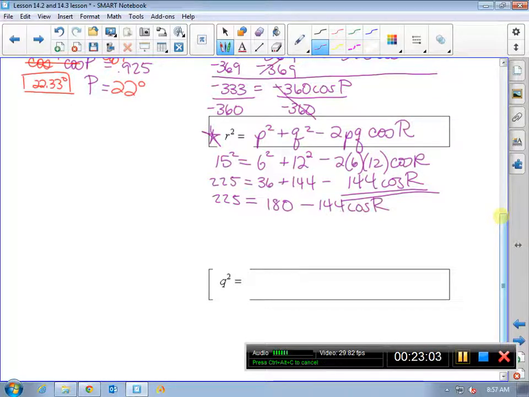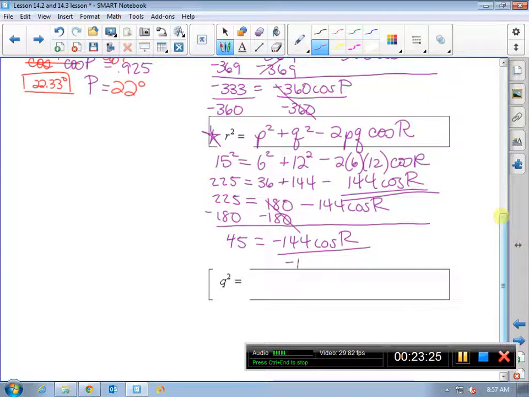Don't mess with that term. Bring the 180 over. So we're left with 225 take away 180 is 45 equals negative 144 cos of R.